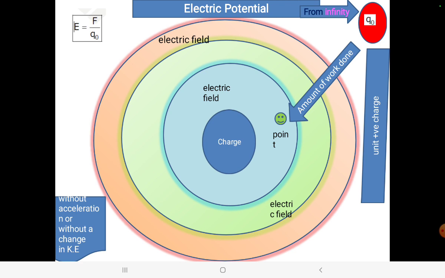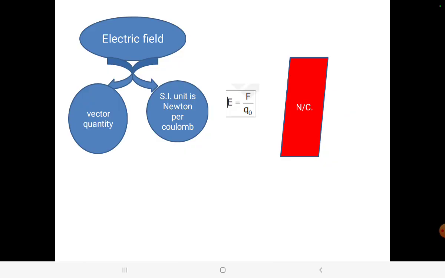So the amount of work done to move a point charge from infinity to this electrical field, that is nothing but electrical potential.